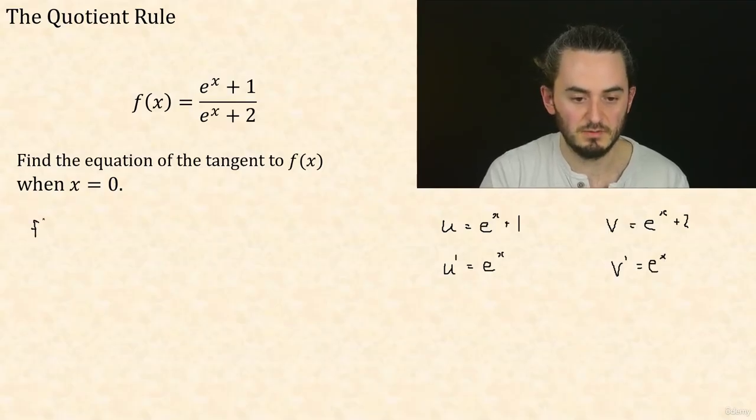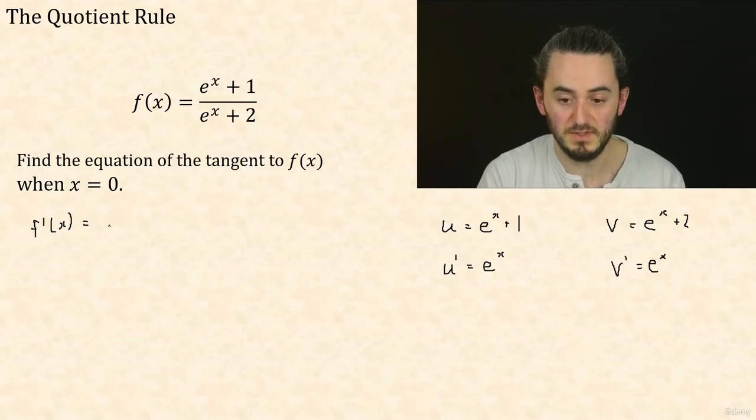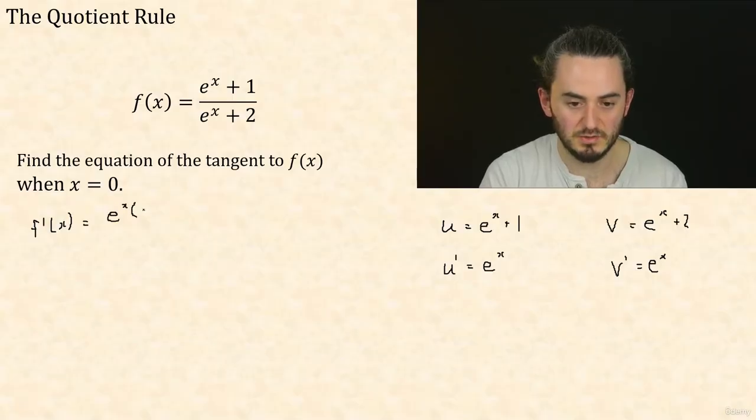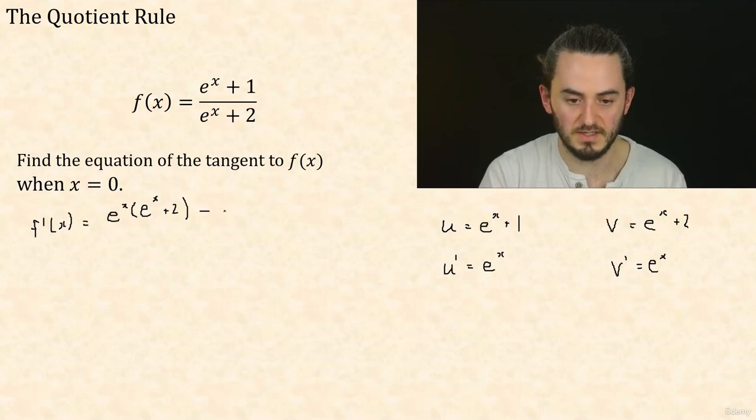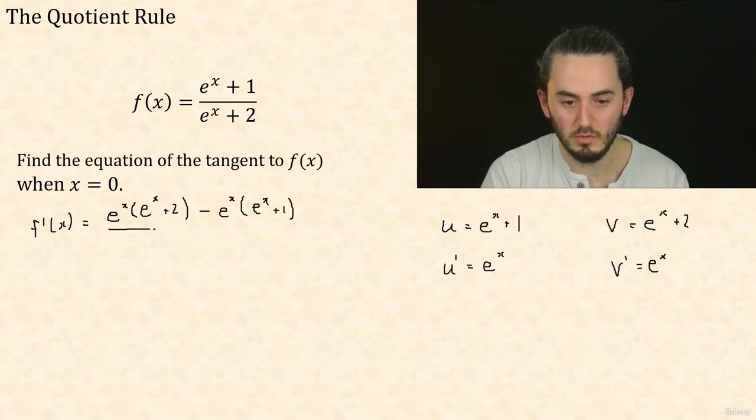So that means that the derivative is, well, it's v u dash, so v times u dash, so that is e^x multiplied by (e^x + 2), minus u v dash, so that is e^x times (e^x + 1), all over v squared, and that is (e^x + 2) squared.